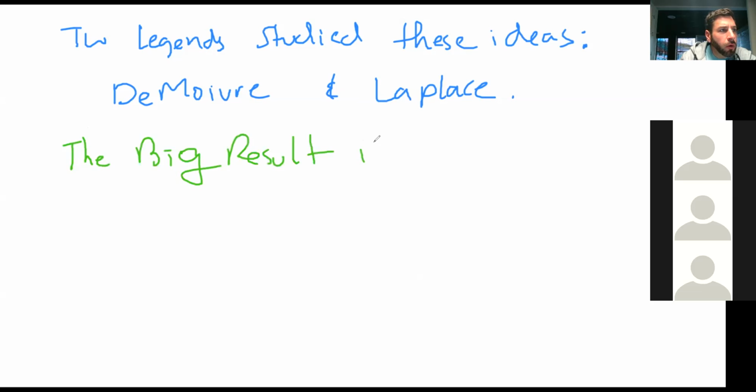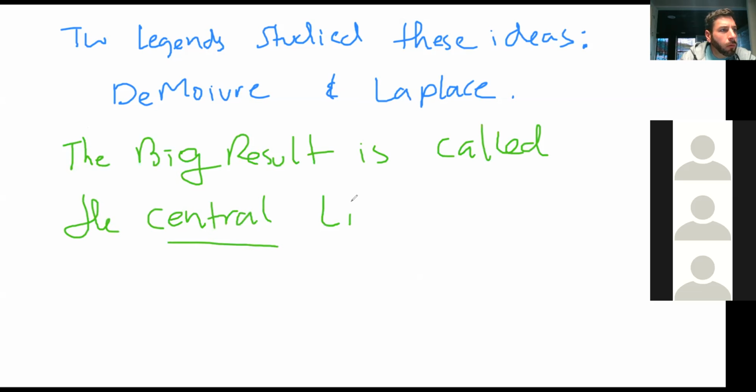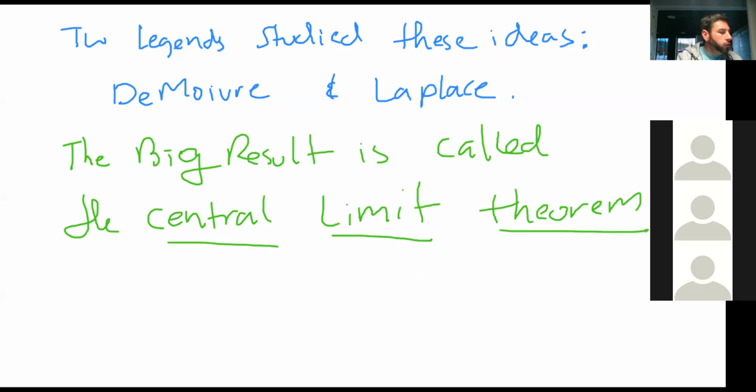So the big result is called the central limit theorem.